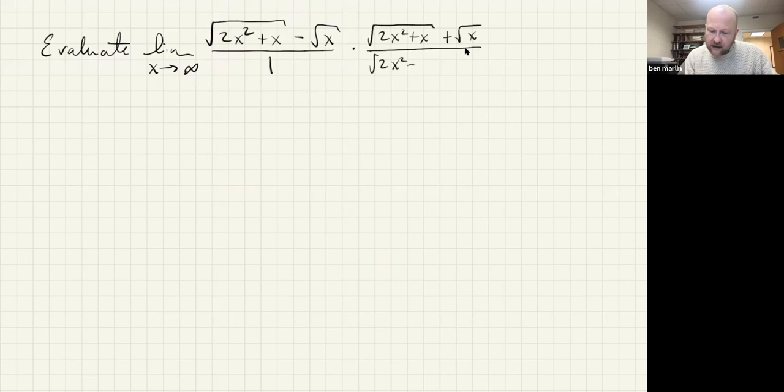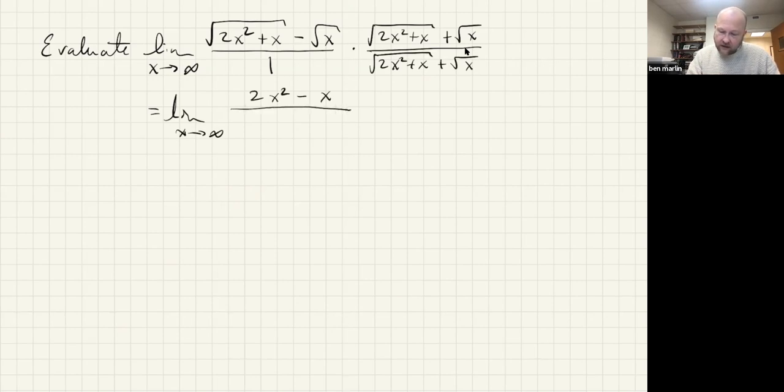Notice that I did not change any of the signs under the square root. But now, the limit as x goes to infinity, your numerator up there will turn into 2x squared minus x because of a difference of squares.